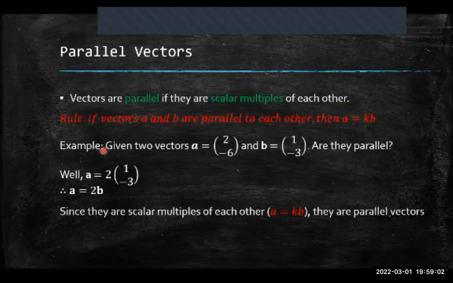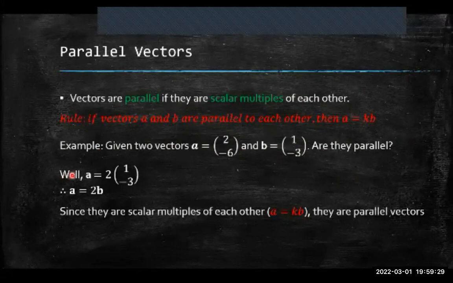Example: given two vectors, A is the column vector 2, -6, and the column vector for vector B is 1, -3. Are these parallel? Parallel vectors are scalar multiples of each other. What do I mean by scalar multiples? Vector A has to be equal to some constant times vector B.